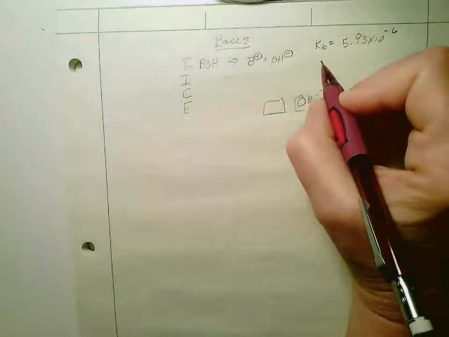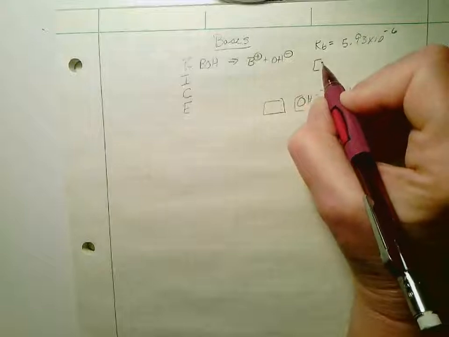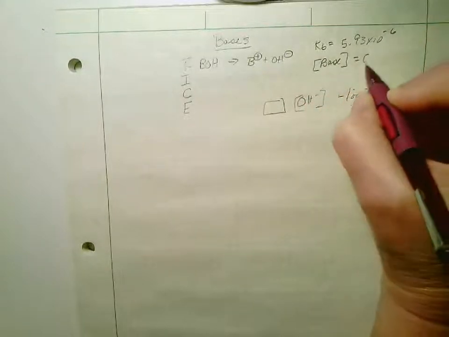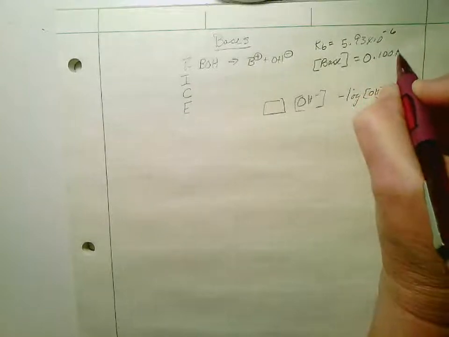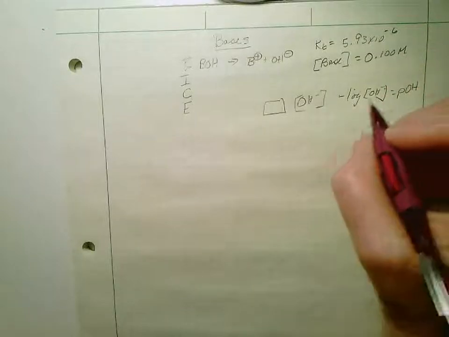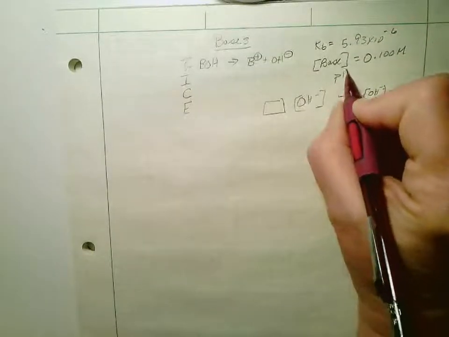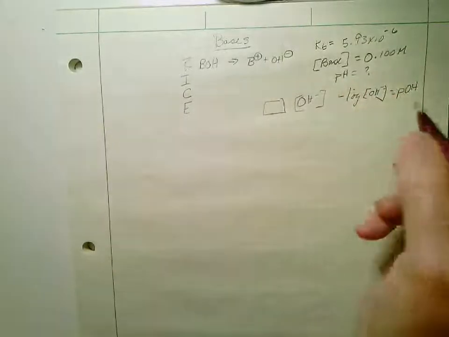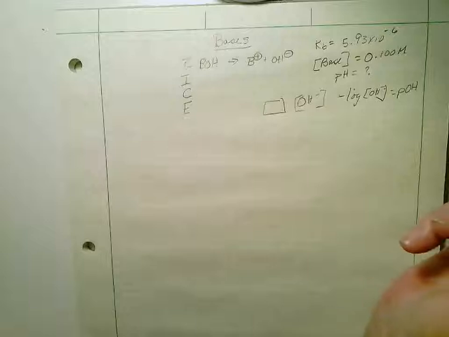And let's say the original concentration of our base is 0.100 molar. And we want to know what will be the pH of the solution. We are wanting to know the pH, however, not the pOH. So how does that change the problem? Well, just a little bit.